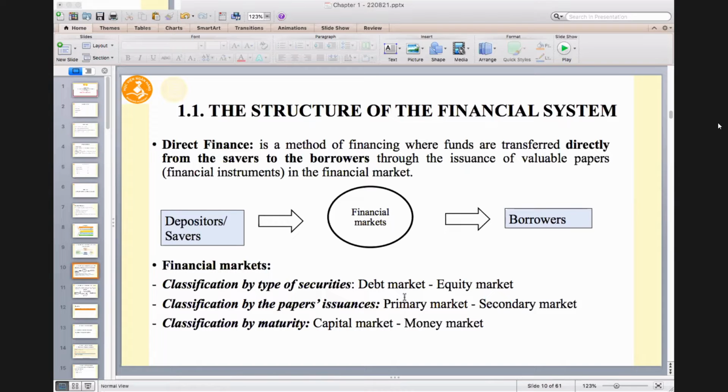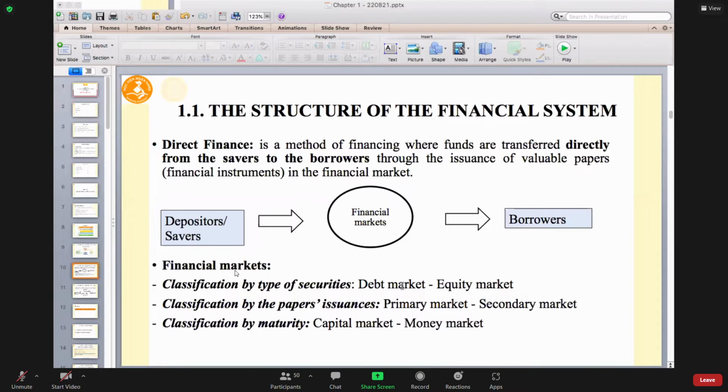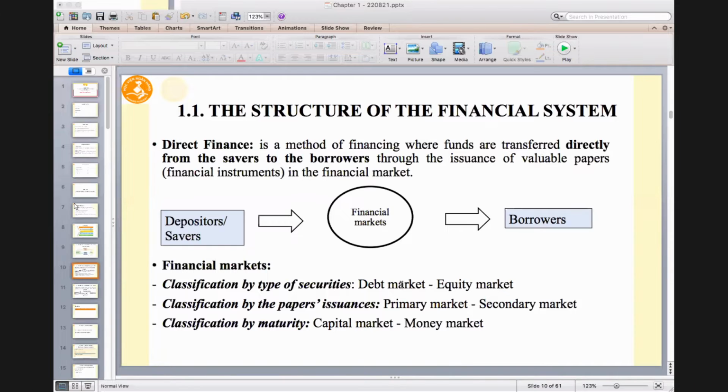Do you understand debt market or equity market? Have you studied in a previous subject? Who knows what a debt market is? Okay, in the debt market, the bond market is the debt market, and the stock market may be the equity market.